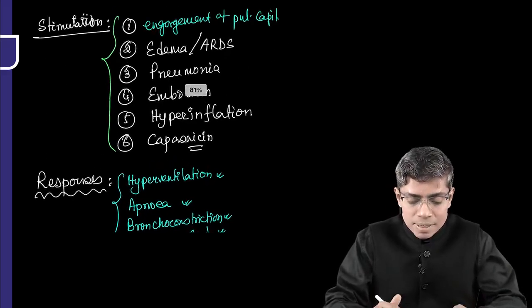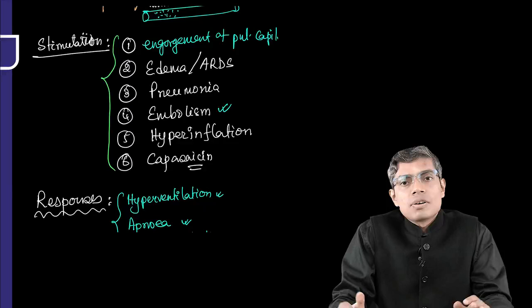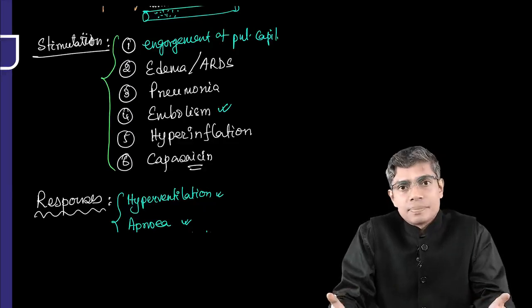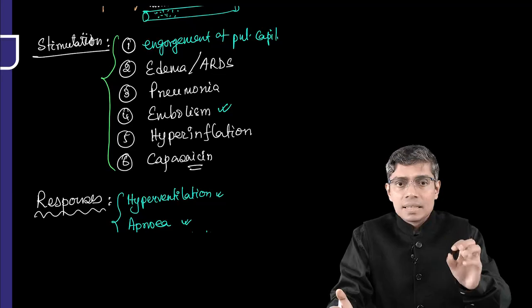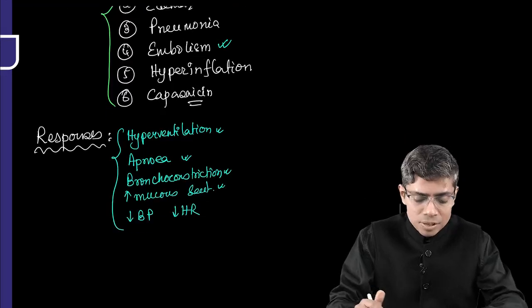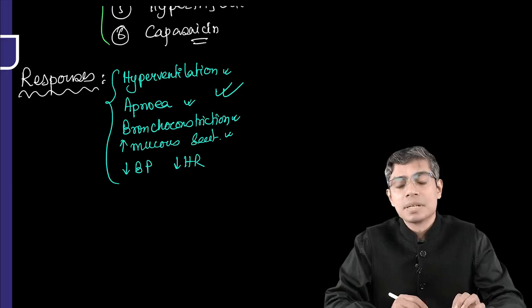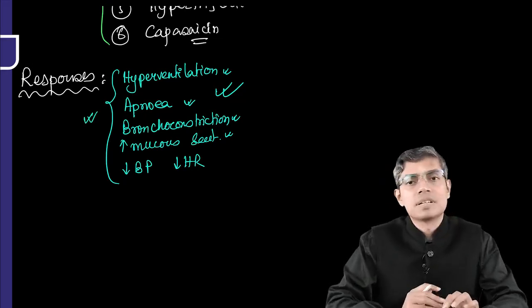That's why it is seen, even if there is a small embolus at the level of lung, suppose that embolus is not going to cause severe hypoxia of the blood, but still that embolism can activate the J receptor, and whenever your J receptor is activated, severe dyspnea-like symptoms can happen due to this J receptor response.